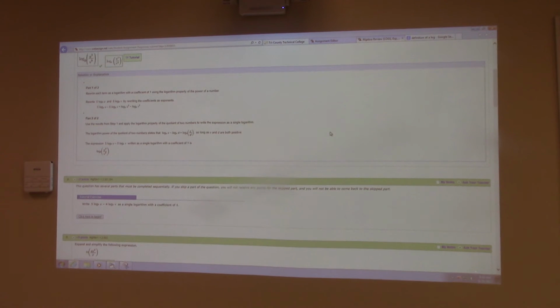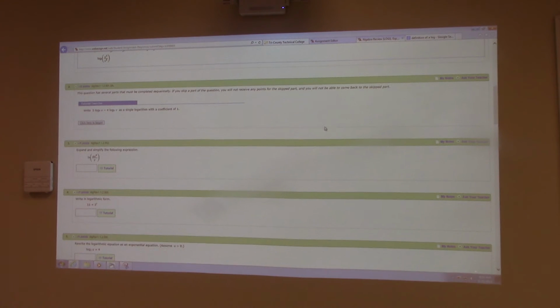Any questions? What are logs used for? Logs are used mostly when you're calculating a lot of exponential growth. Bacteria. A lot of scientists use logarithms, any of your scientific research, carbon dating, anything having to do with bacteria growth.